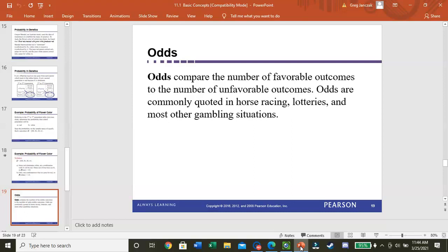But on the racetrack, they use odds against. And lotteries use odds as well. All right, so let's look at the difference between odds and probability.